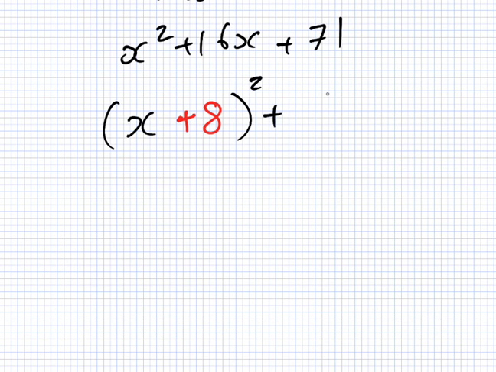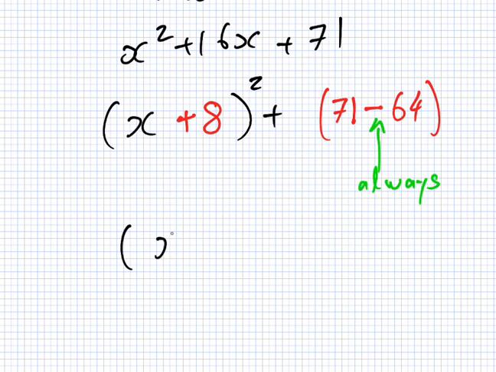And then here, what do I put? I put 71 minus 64. And I should always say as well, this is always minus. So the answer is x plus 8 squared plus 7.